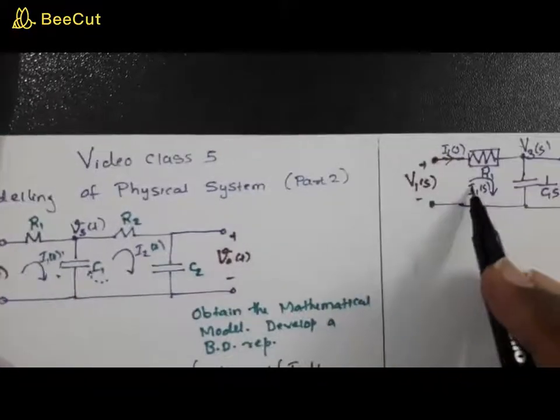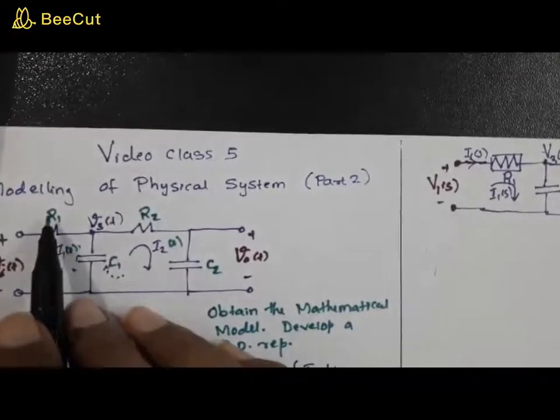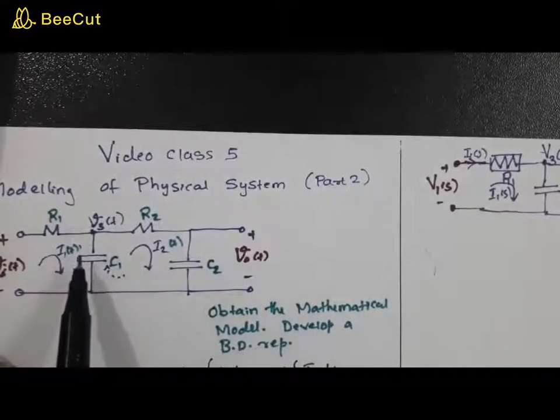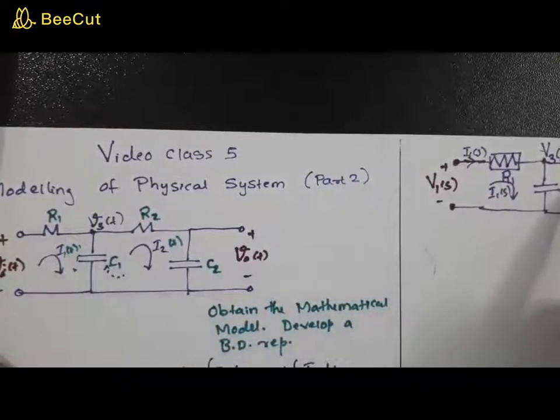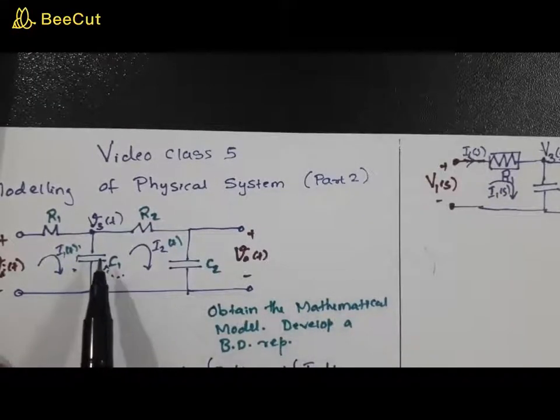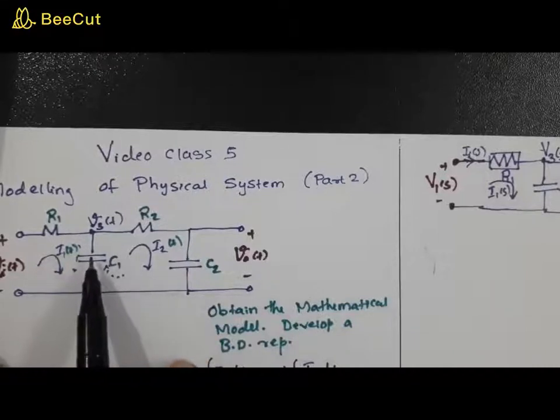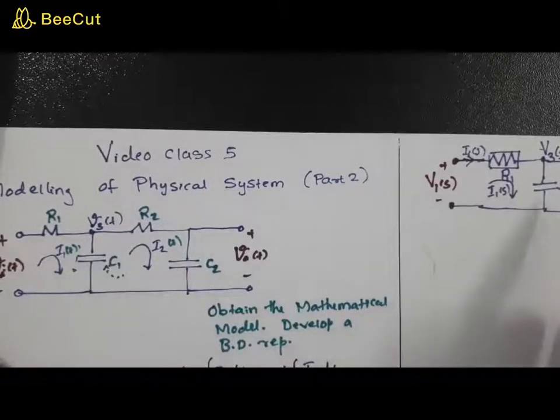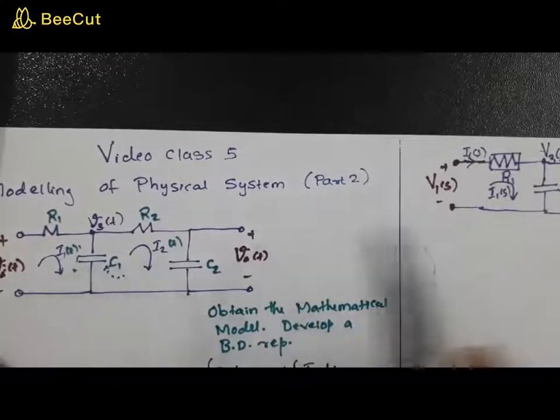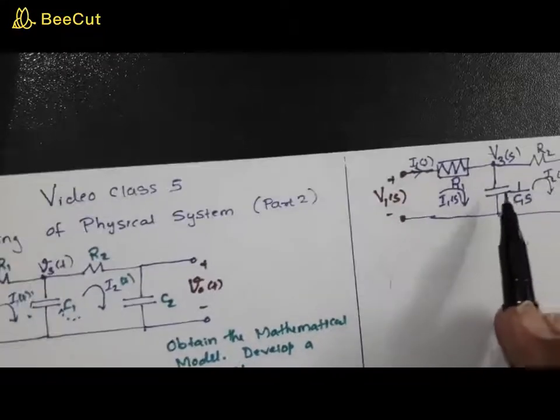I1 of t will be replaced by I1 of s. Resistance will remain as such. Every capacitance will be 1 by C1s, right? Had it been inductance, it will be s into L. Say for example, if you have an inductance of value L, then that has to be replaced by s into L. Every capacitance has to be replaced by 1 by C1s.